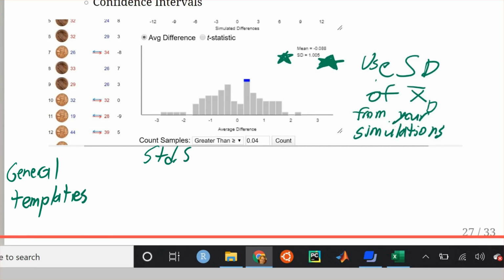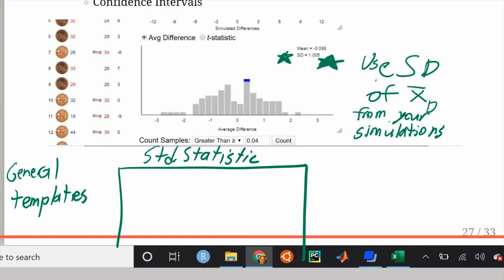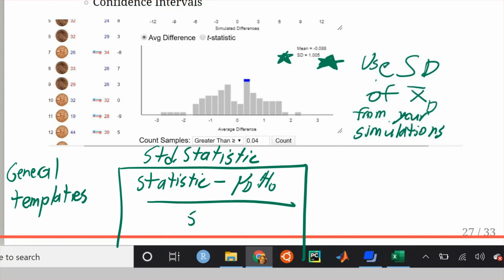First with standardized statistic. You take your statistic minus the parameter according to the null hypothesis over standard error.